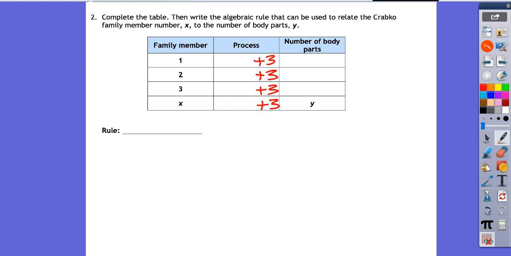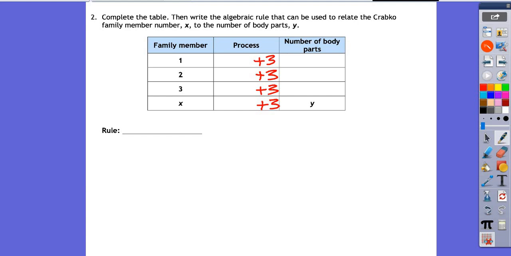Everyone has the 3 same body parts. But the only difference happening is their core. As the family members go up, they're having a larger core, making them more challenging aliens.